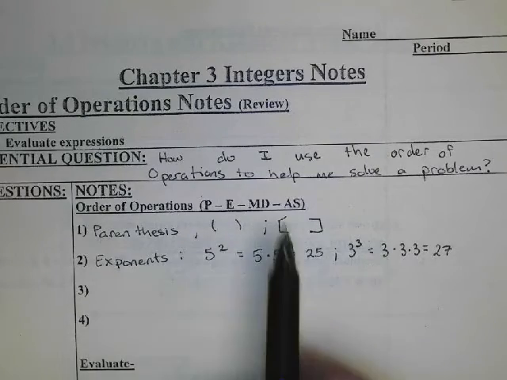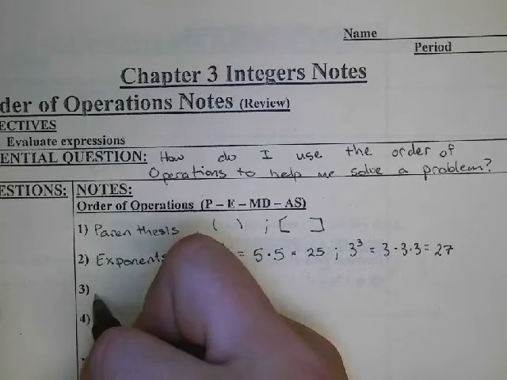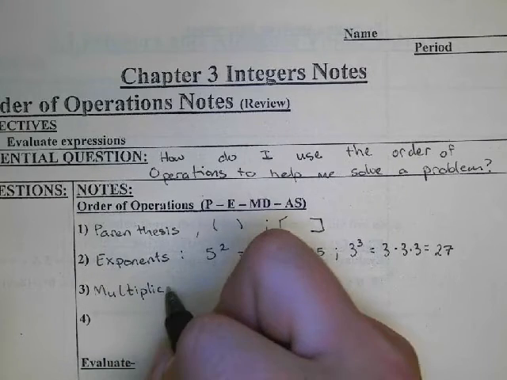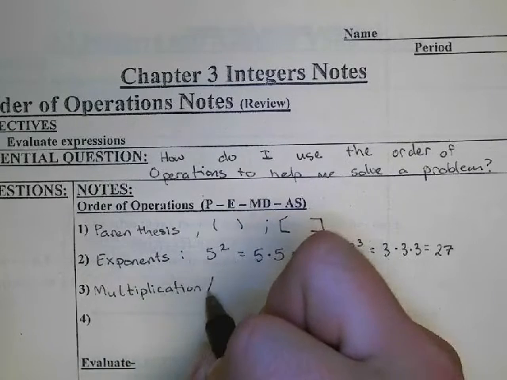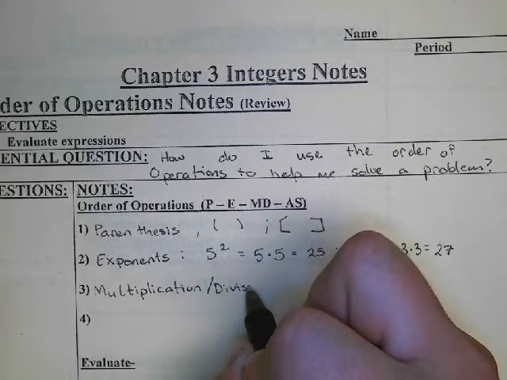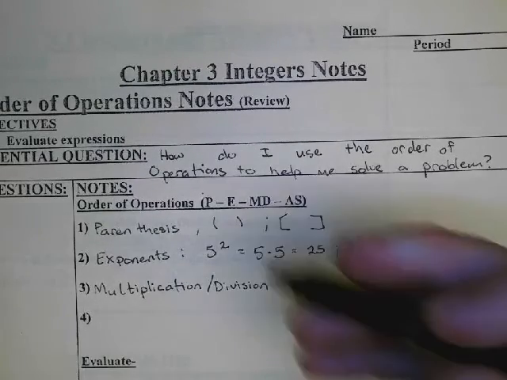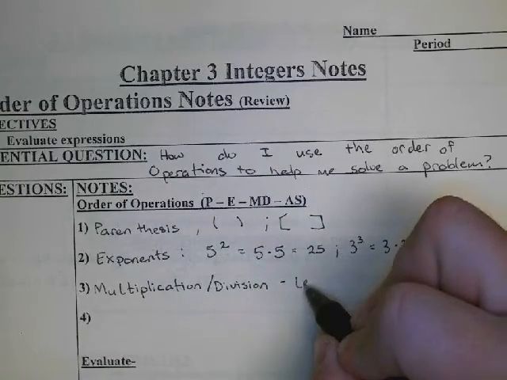Next, we kind of group multiplication and division together. So we'll do multiplication / division. And the reason why we're putting multiplication and division together is because when it comes down to this step, we want to do these left to right.